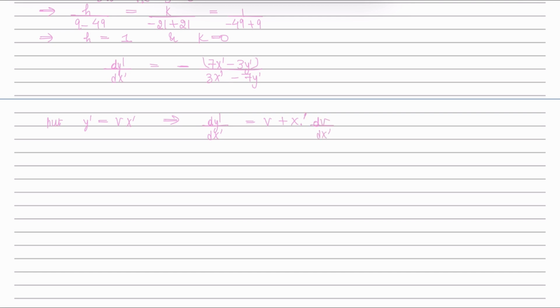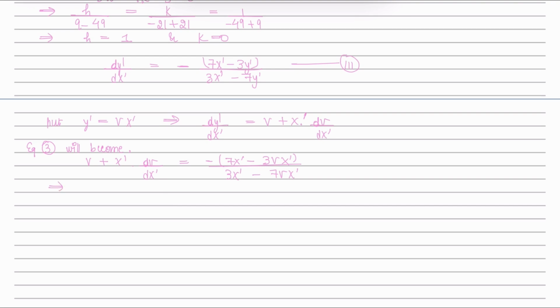Here it is x dash also. So the equation number 3 will become v plus x dash into dv by dx dash is equals to minus of (7x dash minus 3v into x dash) whole divided by (3x dash minus 7v x dash).